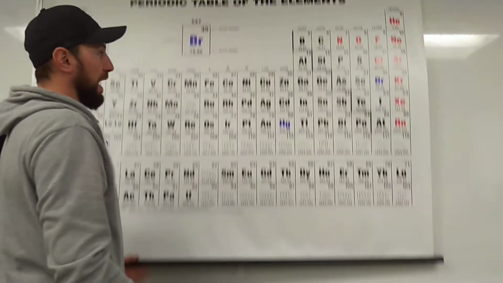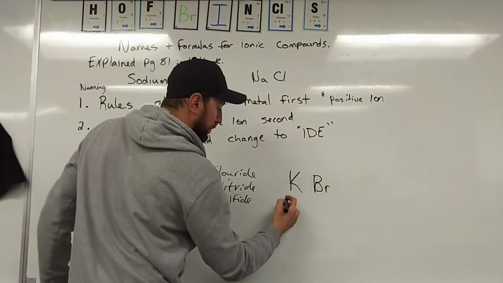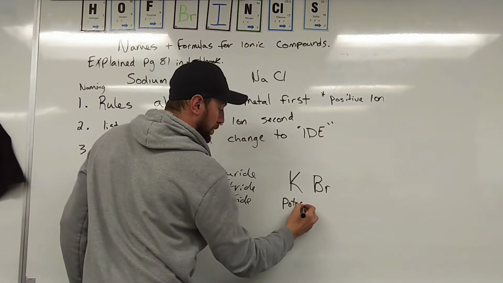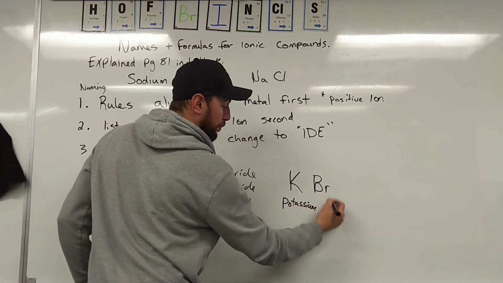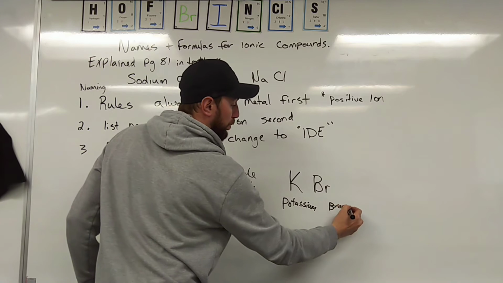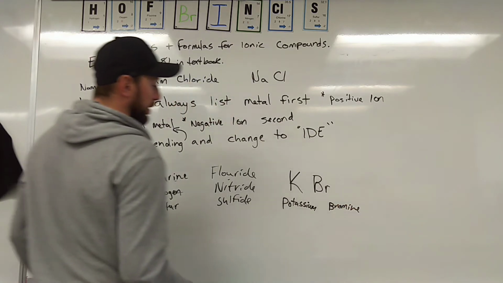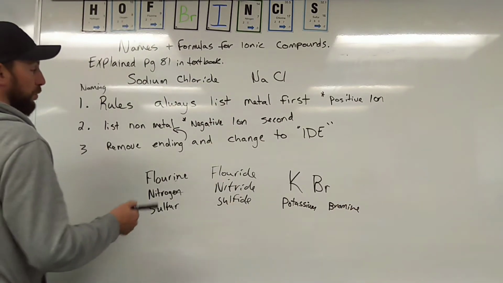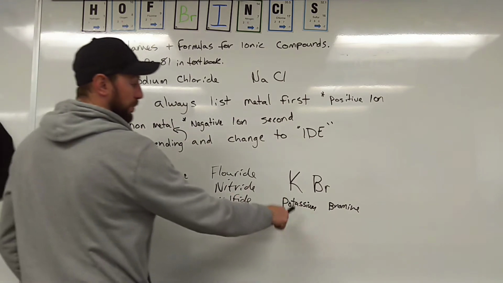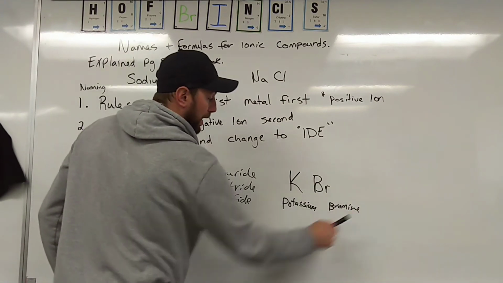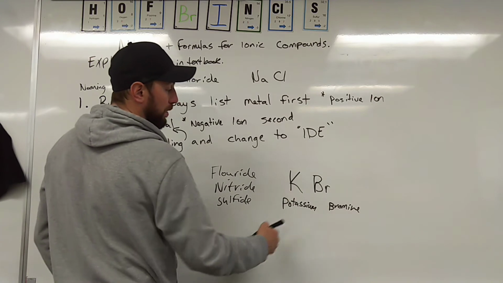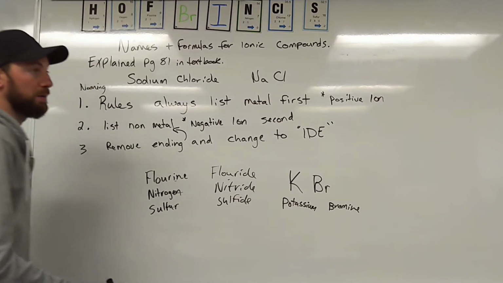Okay, so we have potassium and bromine. They form together, so if we're going to write out the name, it's going to be potassium bromide, right? Metal, non-metal, potassium bromide. All right?